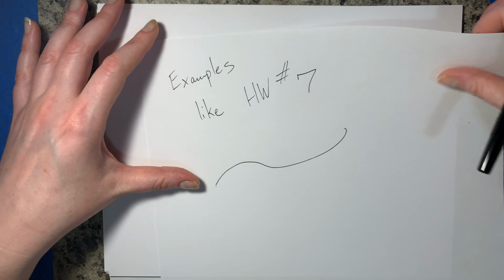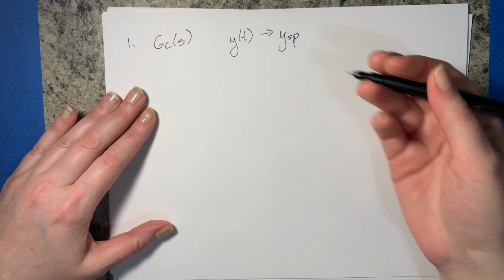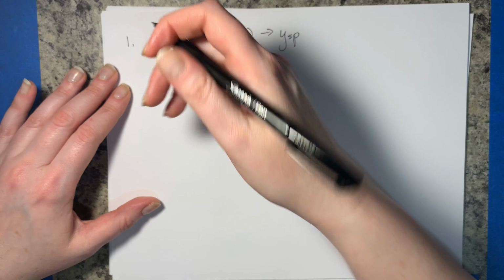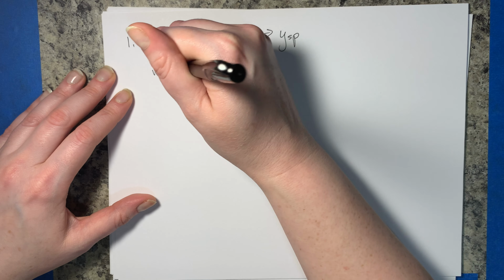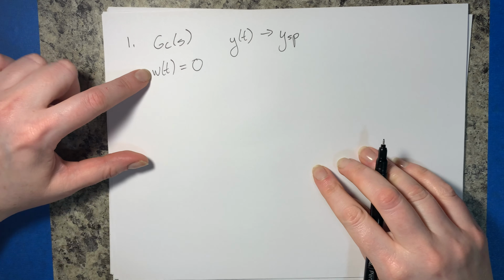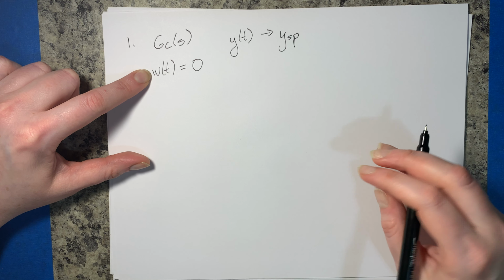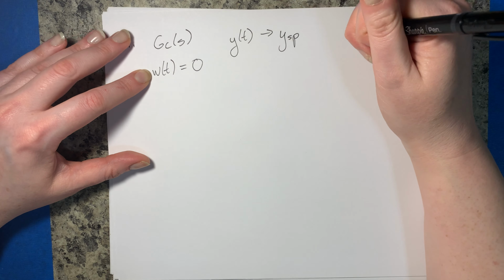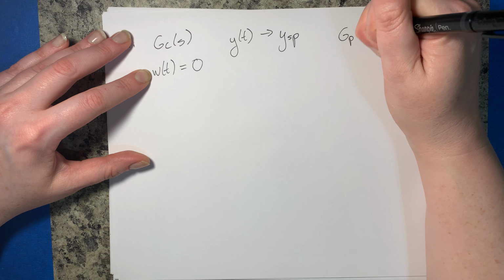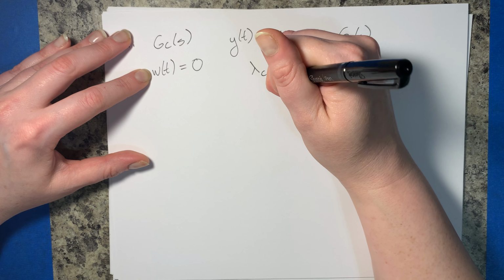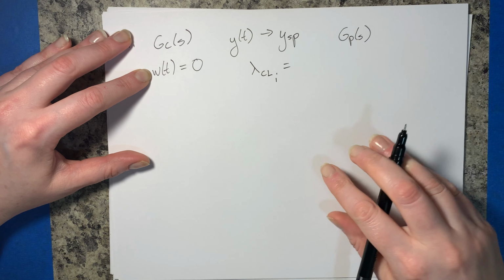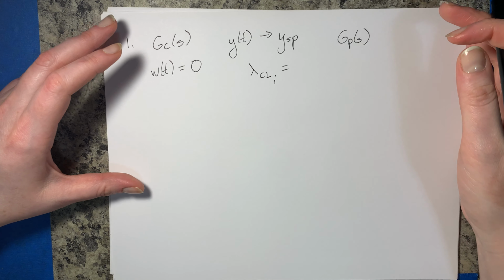Basically the idea for this was that you would first of all start with no disturbance. So we started off with a case of W equals 0. And we wanted, with a certain GP, to design the closed loop system poles to be some set value.